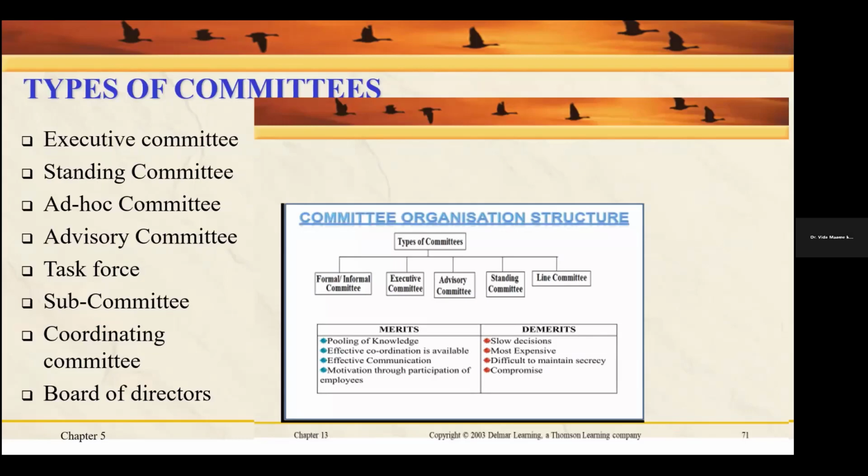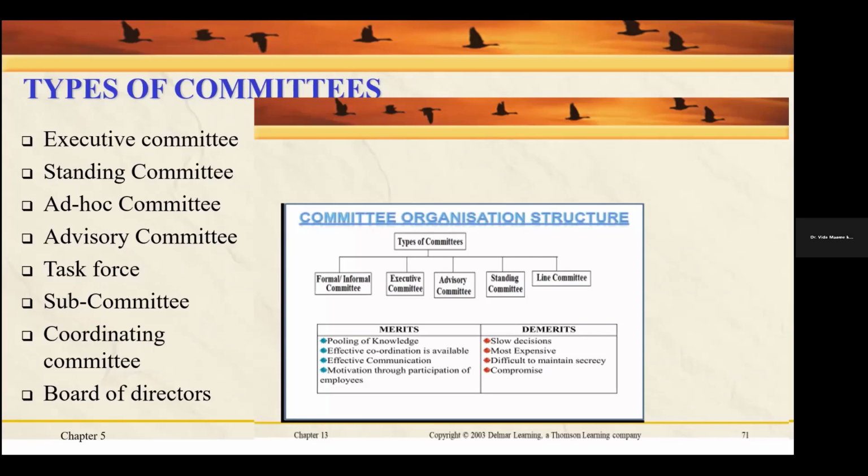As I said, a standing committee has a longer lifespan, has responsibility for undertaking assignments of a continuous nature. An ad hoc committee is formed to perform a specific assignment, after which it ceases to exist. That is ad hoc. Sometimes we say let's form this and solve this problem. As soon as we are able to come out with a solution, then we dissolve it. That is ad hoc.